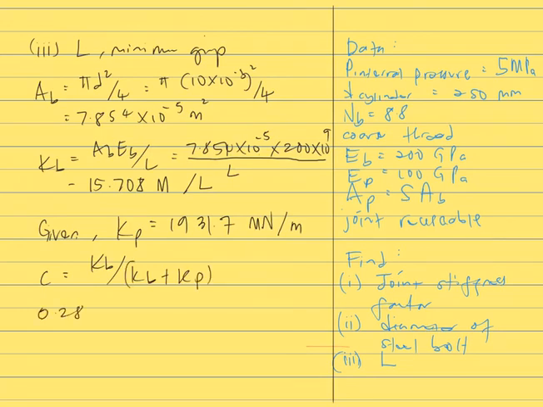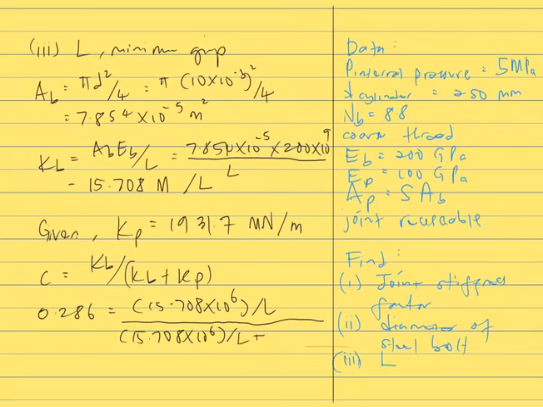So 0.286 is equal to 15.708 times power of 6 over L, divided by 15.708 power of 6 divided by L plus 1931.7 power of 6. So simplify, we can get the minimum grip, which is L, equal to 20.302 millimeter.